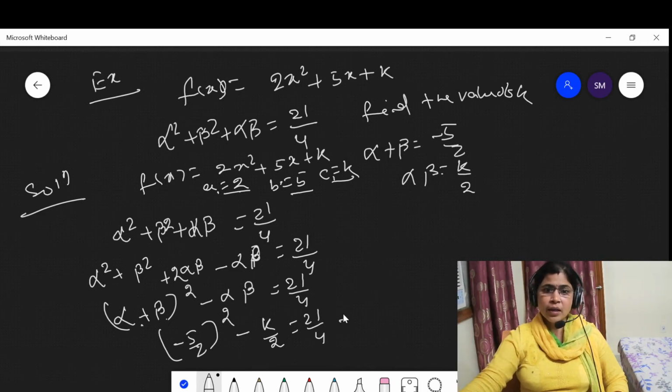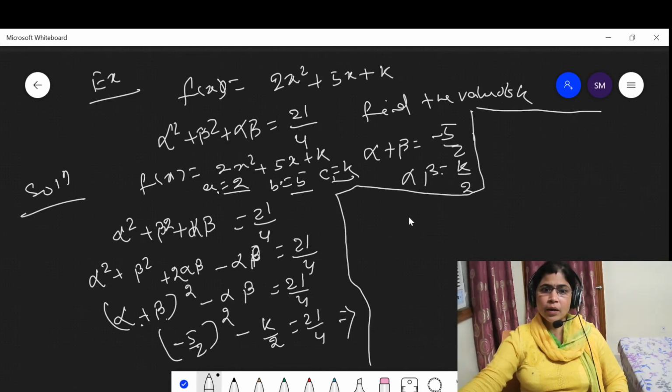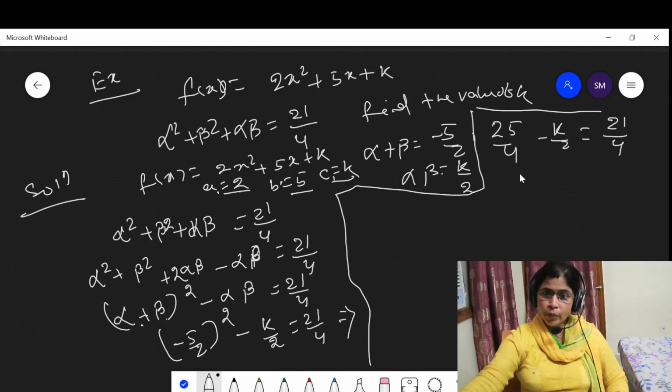Then this implies, keep it here. Draw the line, because it will be easier. Otherwise, all will be messed up. Okay. Then minus 5 by 2 whole square is 25 upon 4 minus k upon 2 is equal to 21 upon 4.